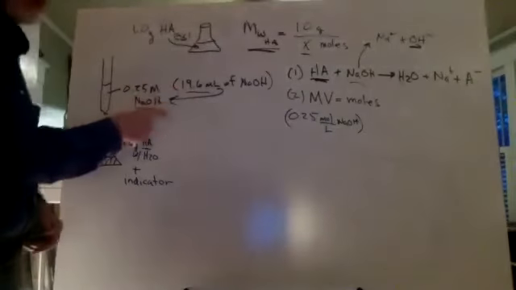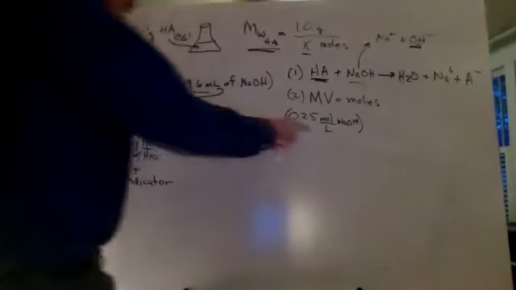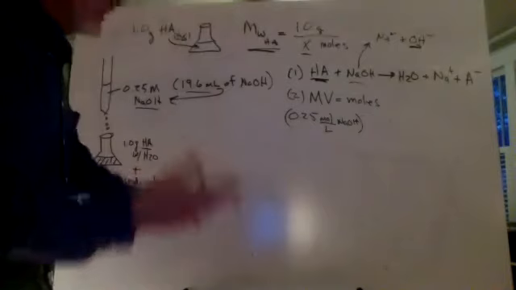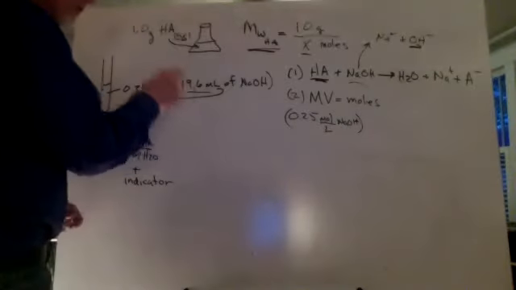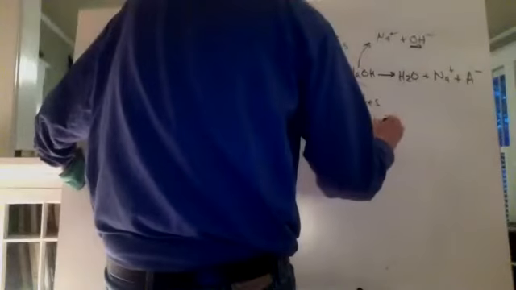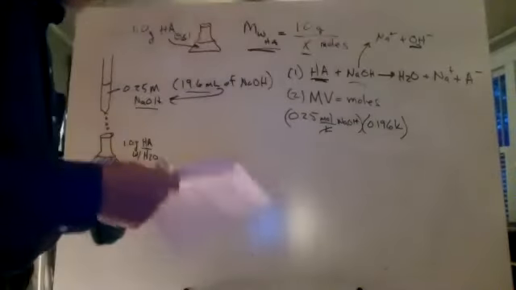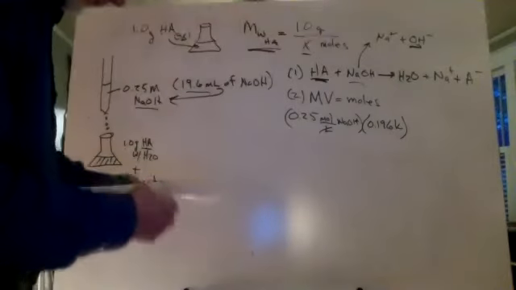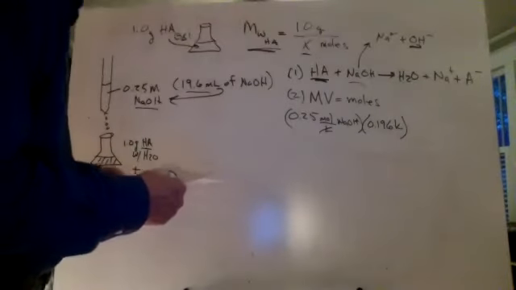And what was the volume of the NaOH? 19.6 mils. But since molarity is in moles per liter, we're going to have to use liters as our volume term for that. And that is 0.196 liters. And the liters will cancel, and that will give us our number of moles.